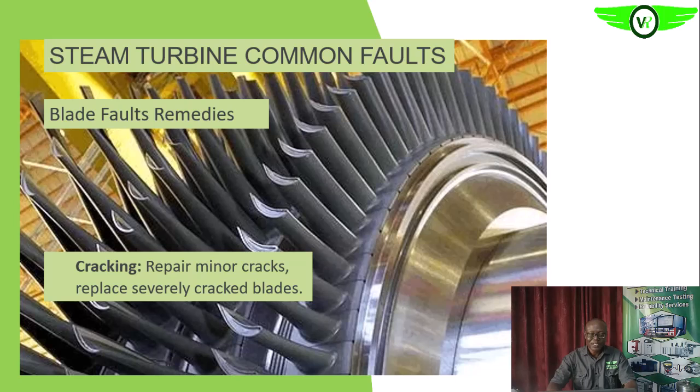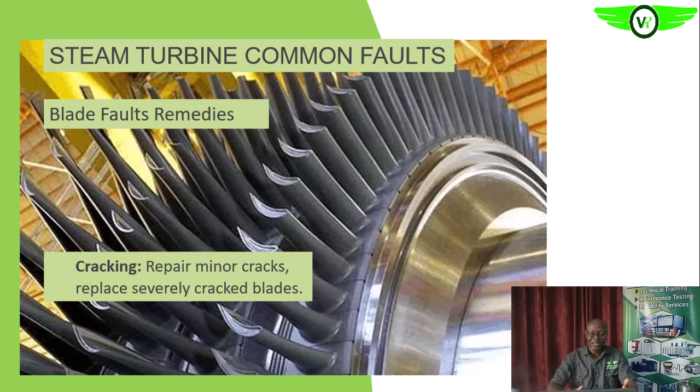Then if there are cracks on the blade, they can always be repaired if they are minor, or else we need to replace that blade altogether. So what will actually help us is to have a regular maintenance routine and a regular inspection routine.